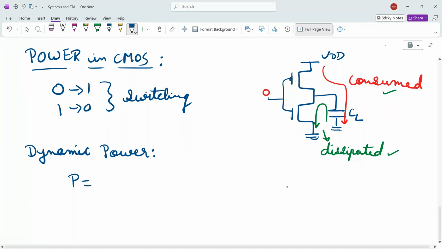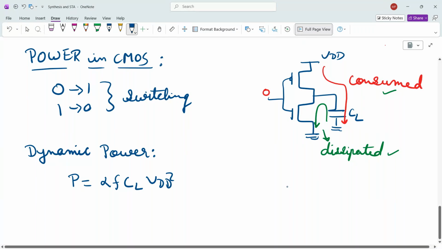It is alpha, frequency, that is switching, CL, VDD square. This is dynamic power, right? So alpha is a switching factor, F is the frequency, CL and VDD square.